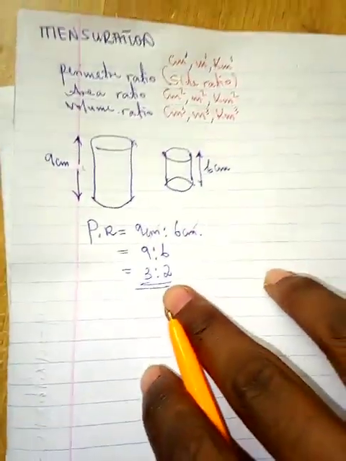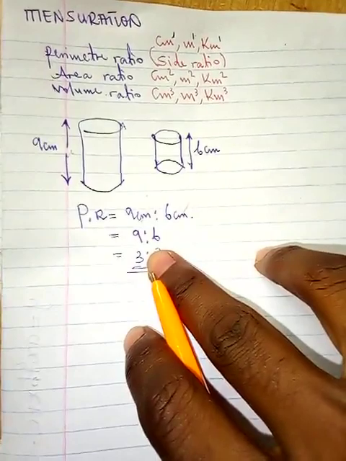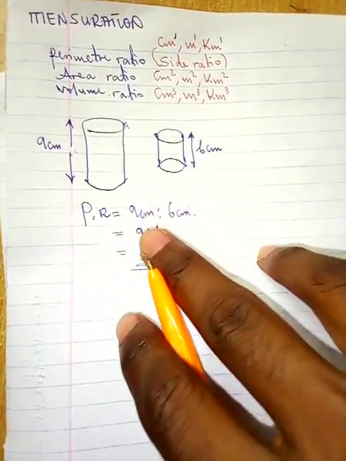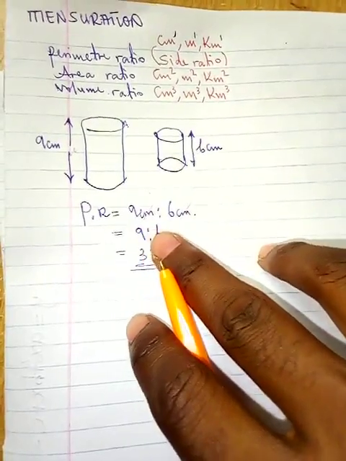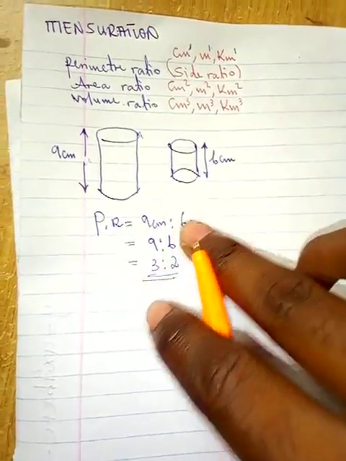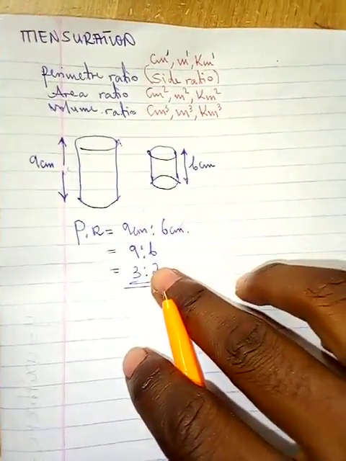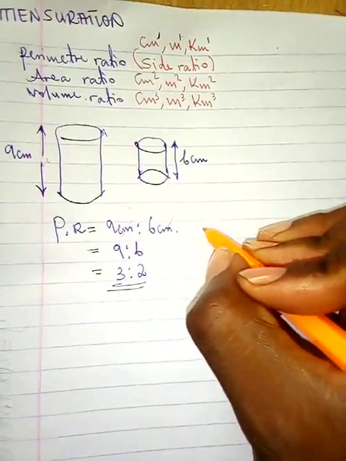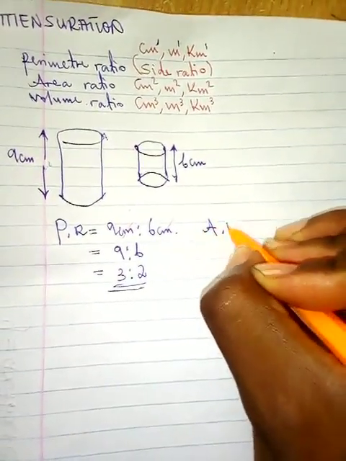Now, your perimeter ratio is the key here. In most cases, you cannot determine the area ratio and the volume ratio if you do not know your perimeter ratio or your side ratio. So how can we determine the area ratio if we had such a problem to solve? I'll abbreviate our area ratio as AR.